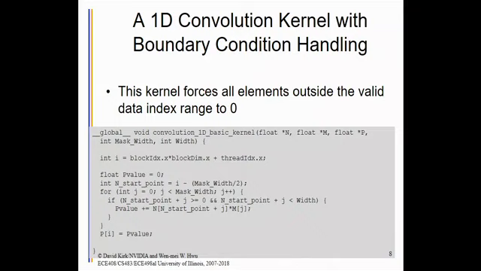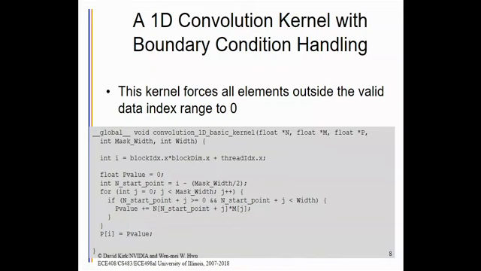So we're still going to assign every thread to generate one output element. That's why we have this familiar expression: i equals blockIdx.x times blockDim.x plus threadIdx.x. This is our go-to expression for assigning every thread to an output element, right? And full coverage. So that's great.